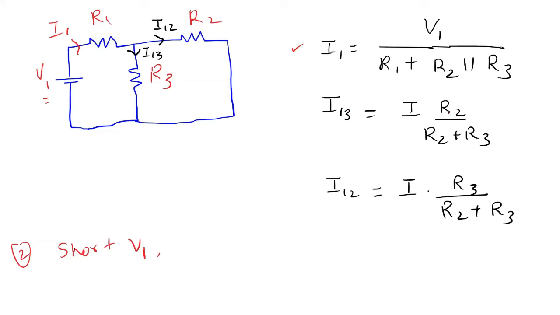I13 is I into R2 by R2 plus R3, and I12 is I into R3 by R2 plus R3. So we can calculate these currents due to voltage source V1, with V2 shorted.